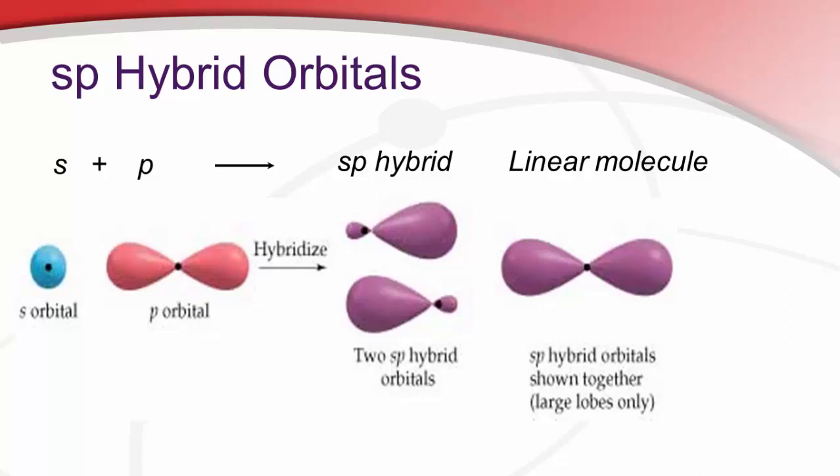So now sp3 are not the only hybrid orbitals. We can combine a single s and a single p to form an sp hybrid, which will give us a linear molecule.